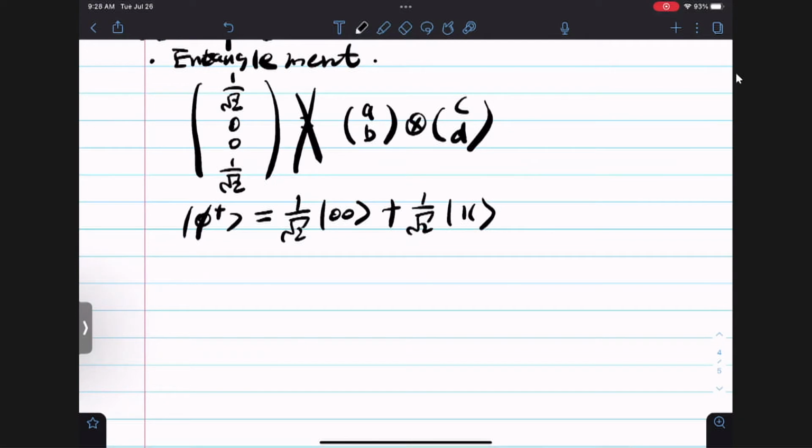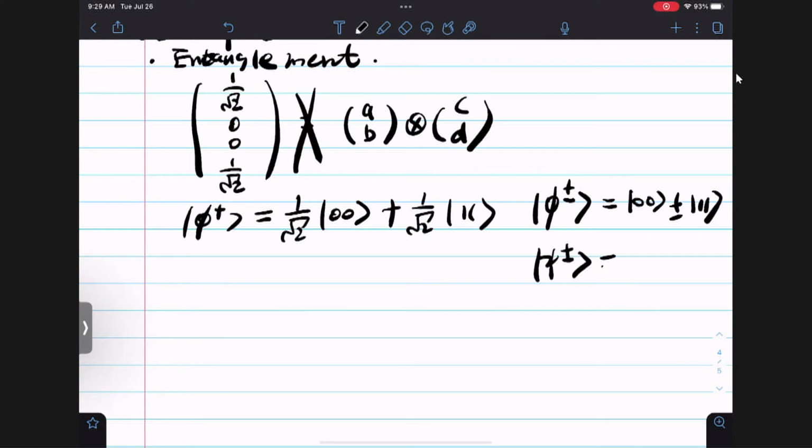And there are a few others. Let me forget about the normalization and just write down the important piece. So I have phi plus and also phi minus, and I can also introduce psi plus minus, which will be 01 plus minus 10.